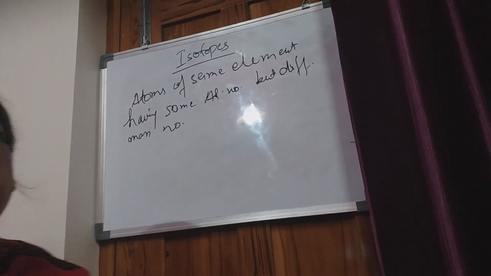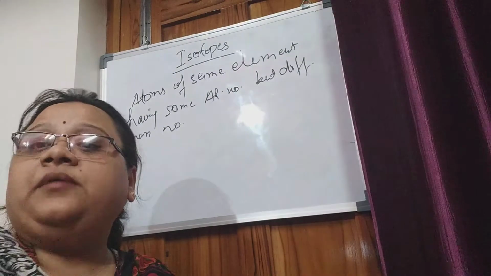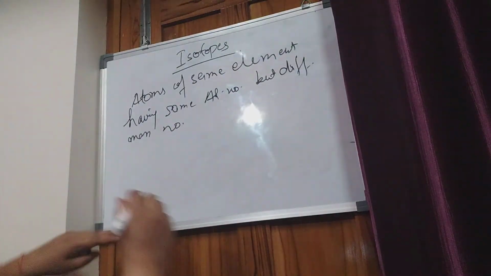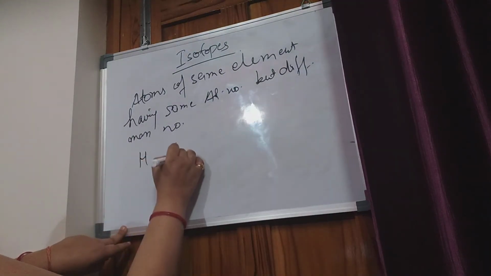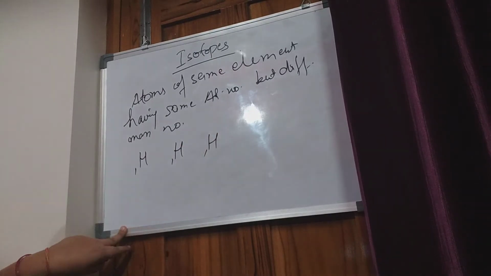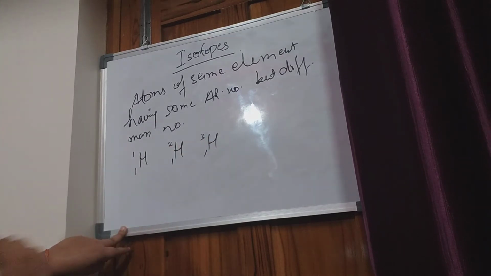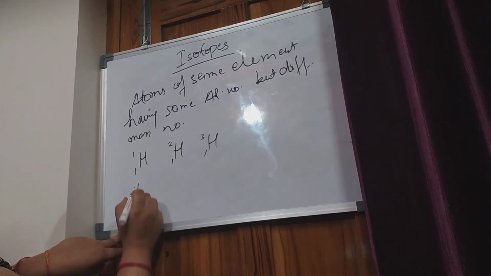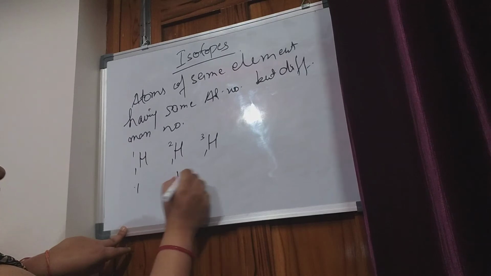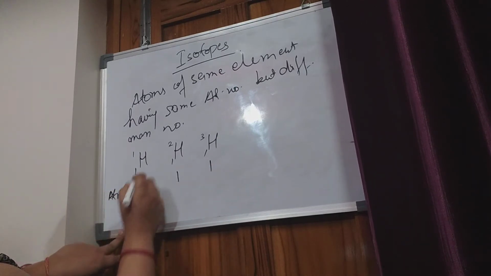See, they are the atoms of the same element having the same atomic number but their masses will be different. Like if you are talking about hydrogen, hydrogen has 3 isotopes having the same atomic number but their masses are different: 1, 2 and 3. See, the atomic number is 1 for this, for this and for this also.